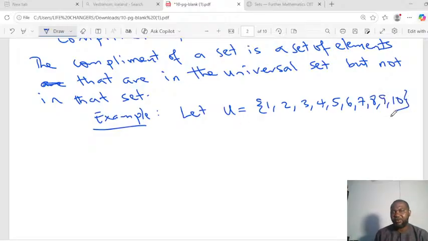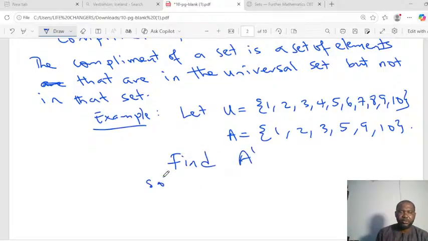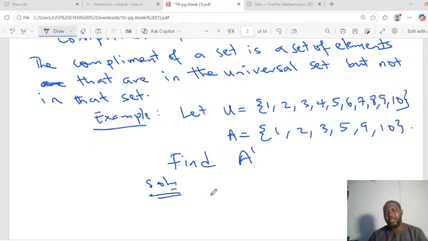This is my universal set. And let's say I have A equal to 1, 2, 3, 5, 9, 10. And I'm asked to find the complement of A. Find A complement. Solution.